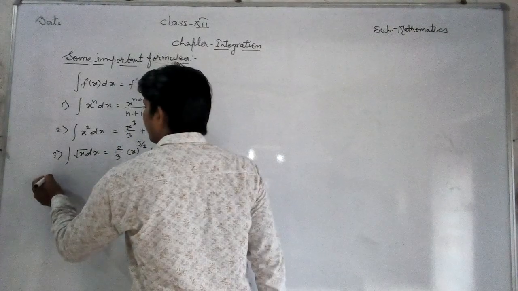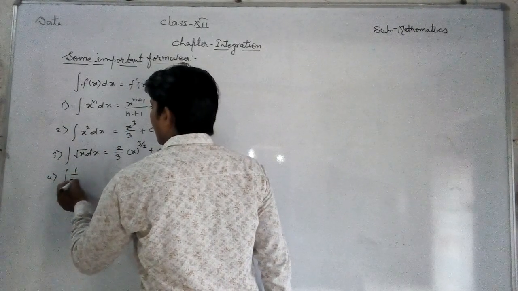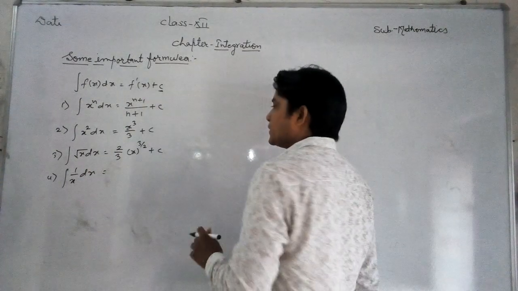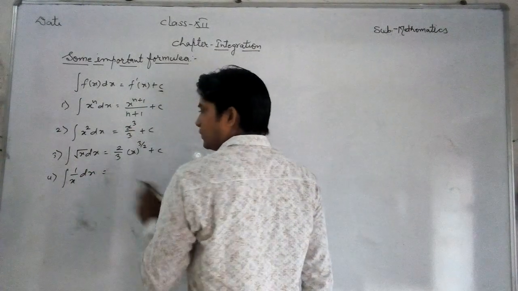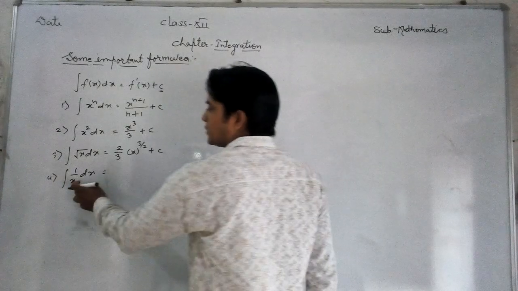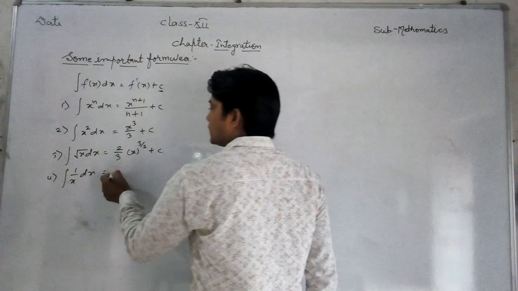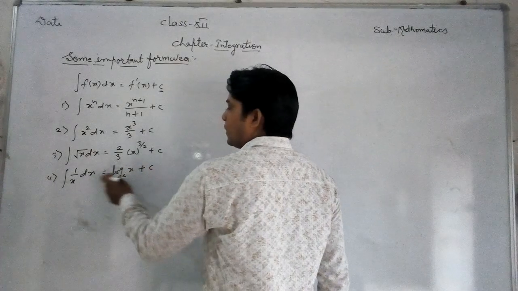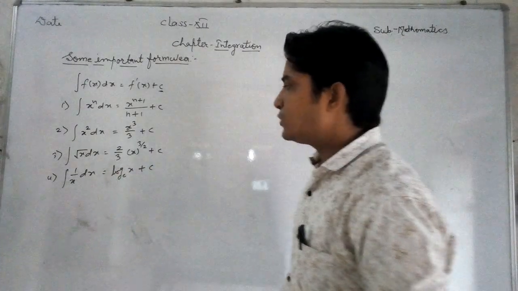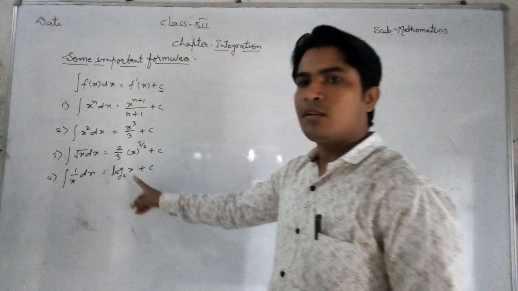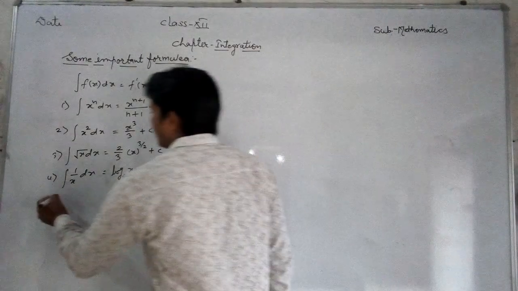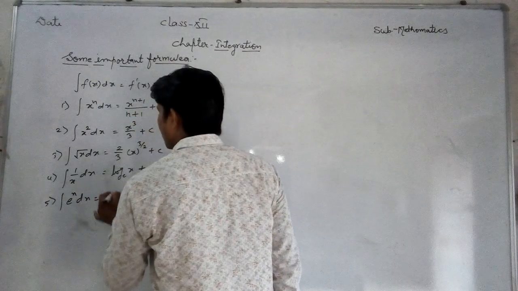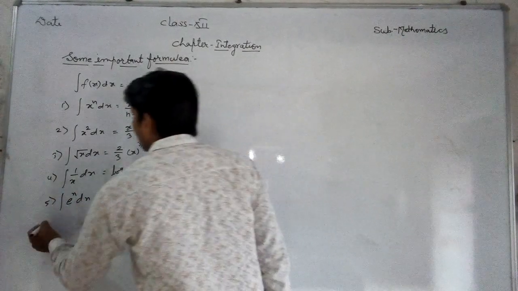Next, the integral of 1 upon x dx. Through the power formula we can't integrate it, so its integral is log x plus c, where log x is the natural log, ln x. Now the integral of e to the power x dx is e to the power x plus c.